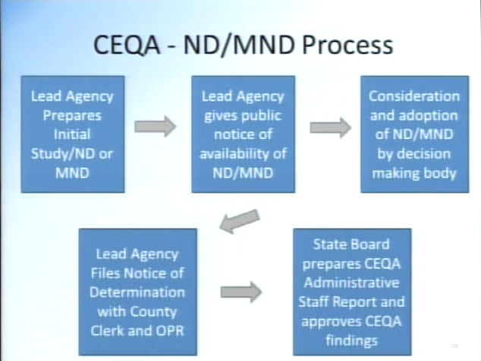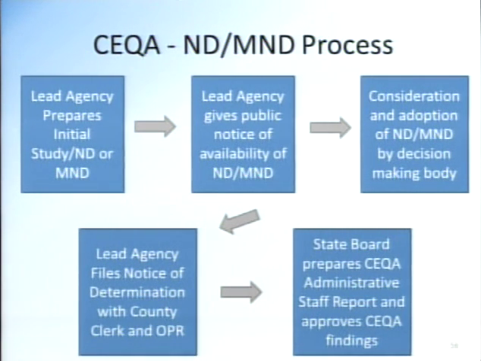And then the lead agency will give the public notice that that document is available. After the public review period, the lead agency will incorporate any comments from that review and then have their appropriate decision-making body consider and adopt that negative declaration or mitigated negative declaration.